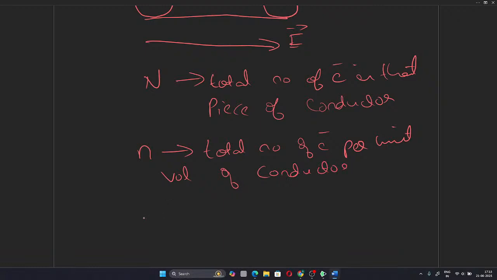So basically N equals n per volume, times the total volume of the conductor.